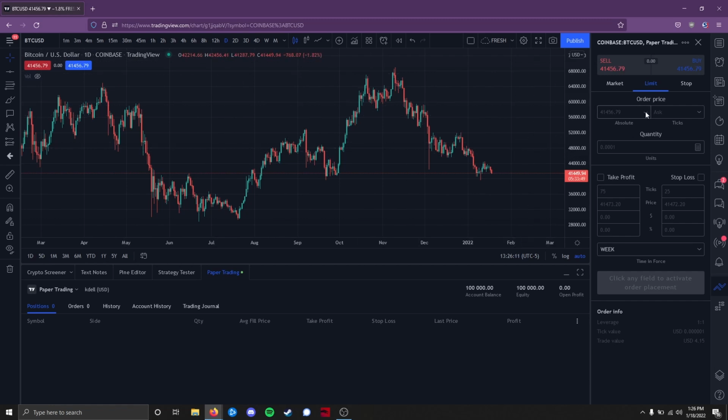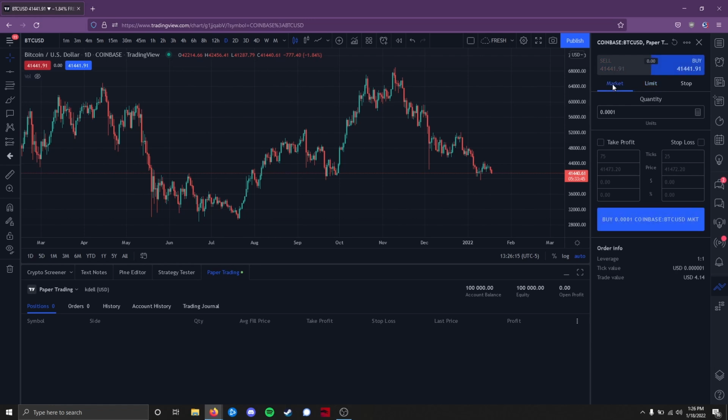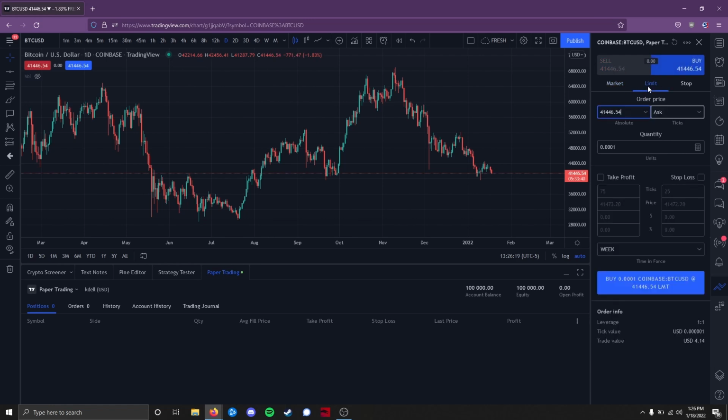So let's say we want to set some sort of order. We can set a market order, which is an immediate buy based on the market price. We can set a limit buy or sell based on if the price were to hit a certain price that we want.